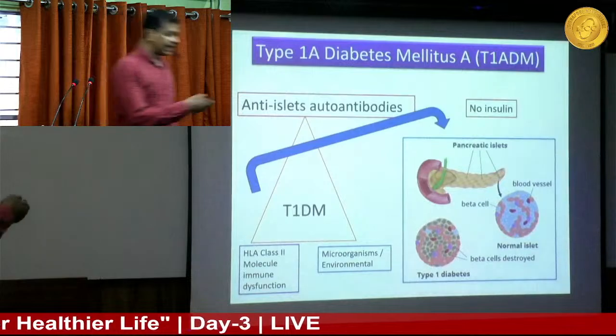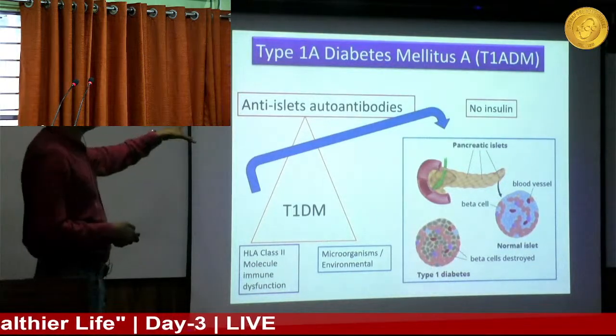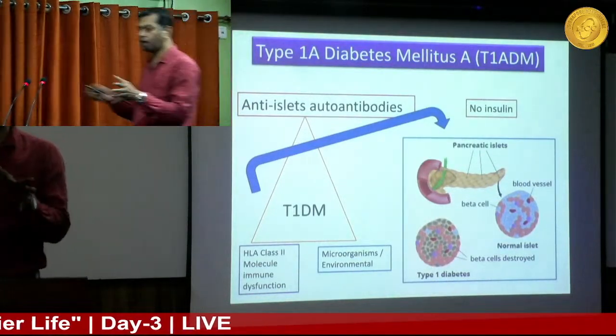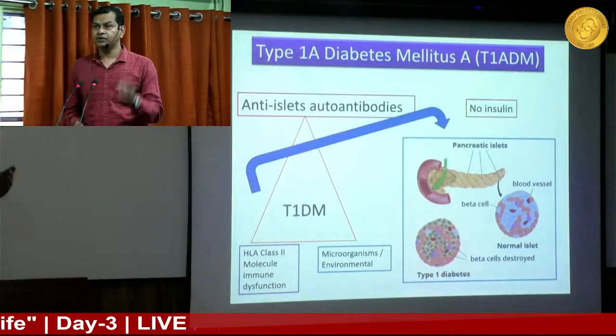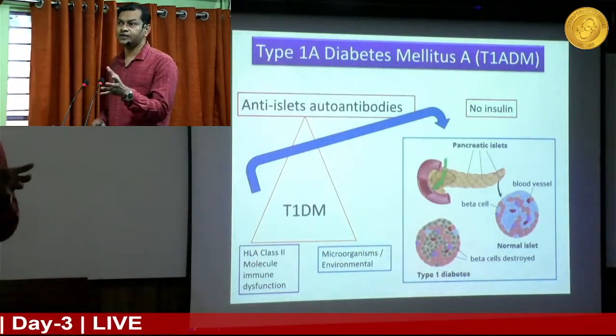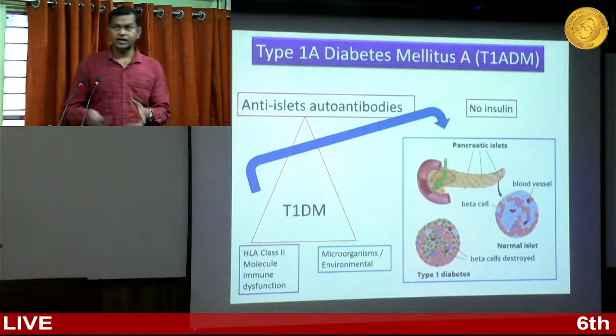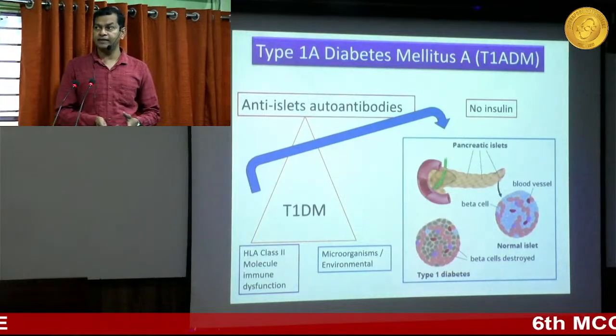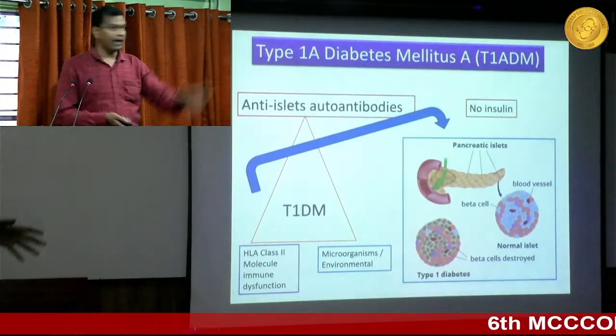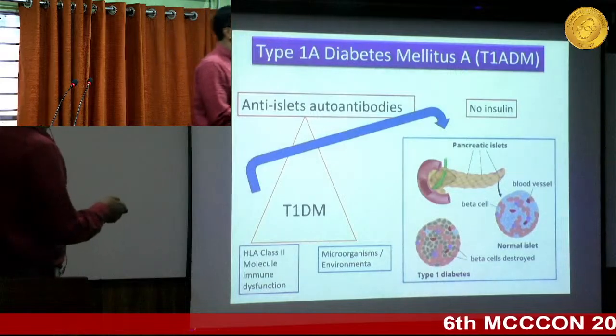Then type 1A diabetes, actually type 1 diabetes nowadays has two types. Actually, white person and black person, that is another part. So type 1 diabetes, we actually call the genetically modified diabetes, that is the type 1A diabetes mellitus, T1ADM.